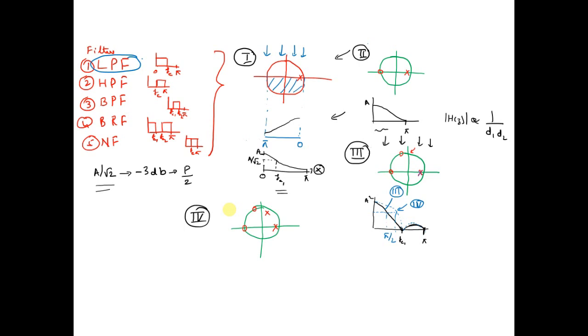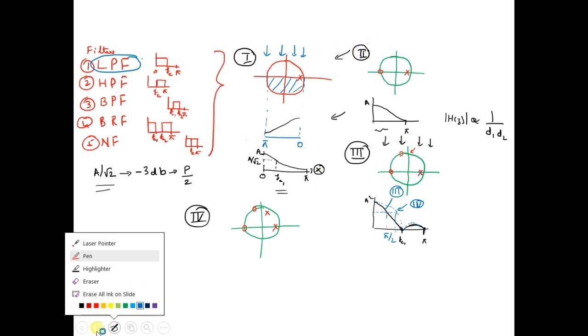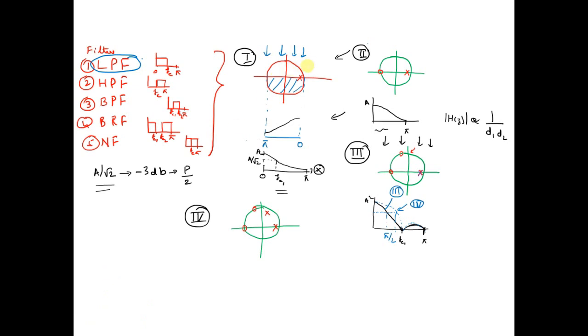There might be some variations of these, but in general we can classify low pass filter design into four categories. In the first category, we just place a single pole. Now we look from the top.